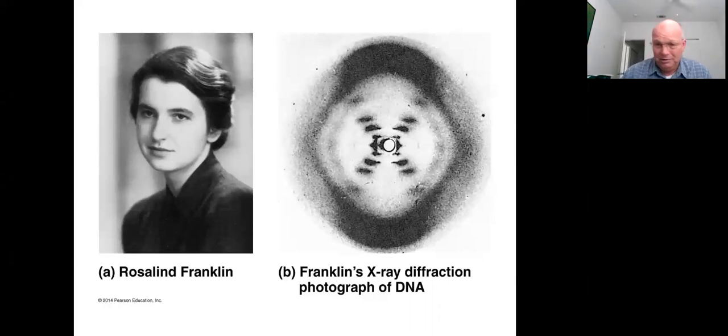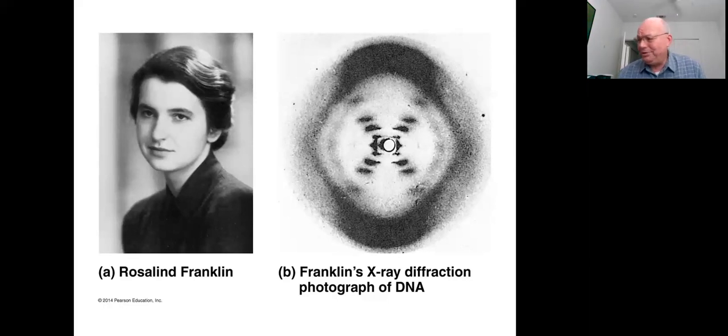Now, they were not X-ray crystallographers. They could not figure out everything that the picture was telling them. But there is one clear detail here that even Watson and Crick could figure out, and that was that this is a double helix.